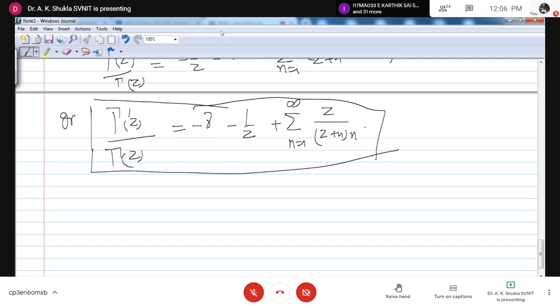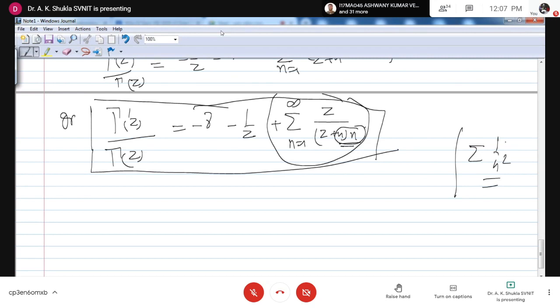Now we can check whether it's convergent or divergent. Basically, if you see the summation, multiplying this, you get z upon n square. So finally this is summation of 1 upon n square, from n equal to 1 to infinity.